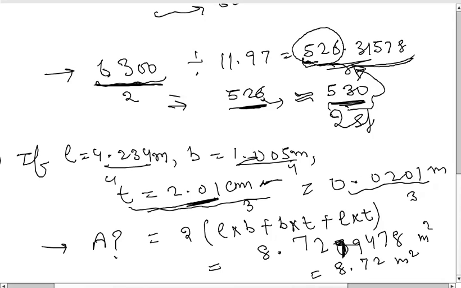Rohini, done? You have done the reduction of significant figures part correctly. There might be some glitches in your calculation. Rest part is fine.